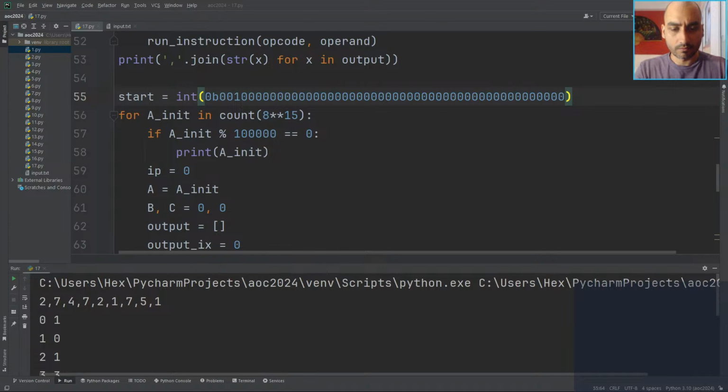Python convert... Well, that's got to be a string. Int.